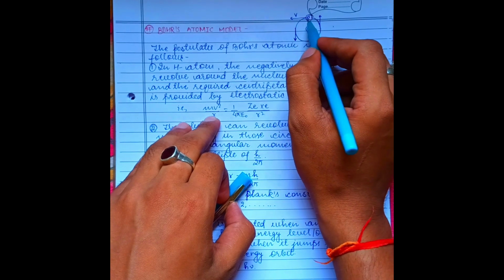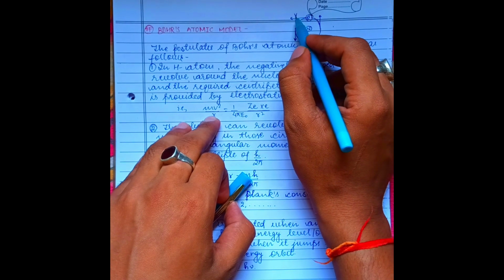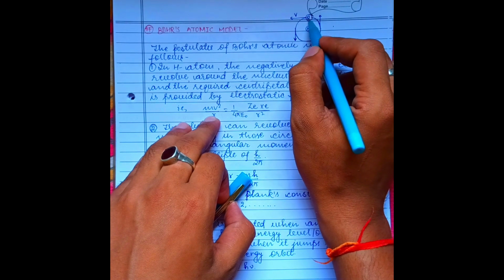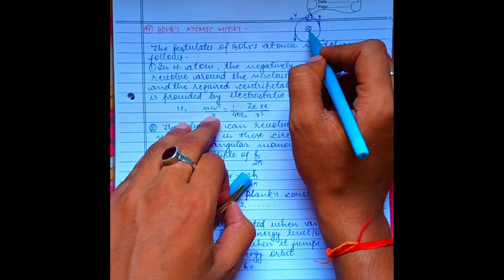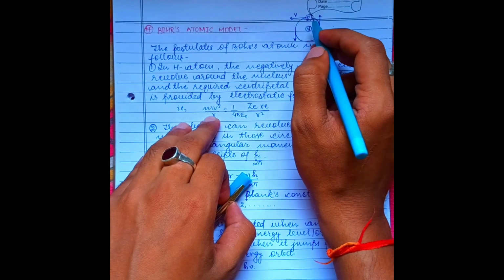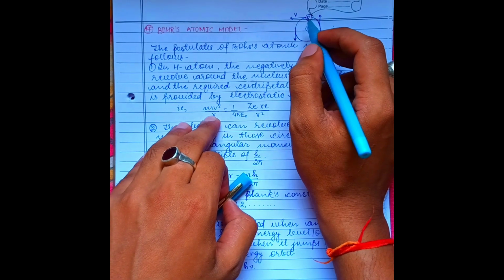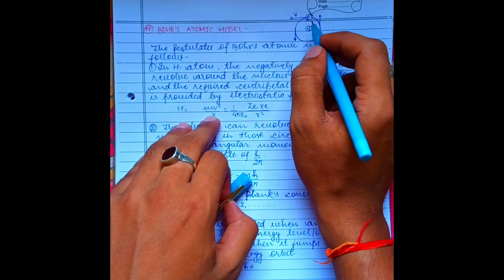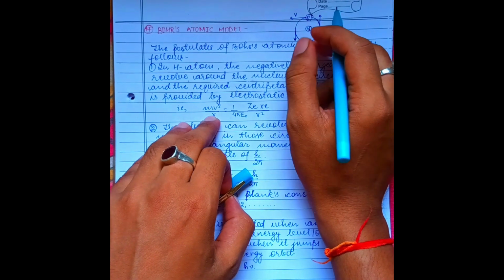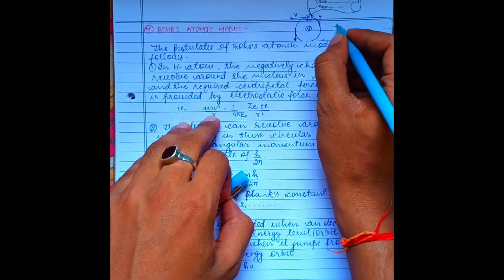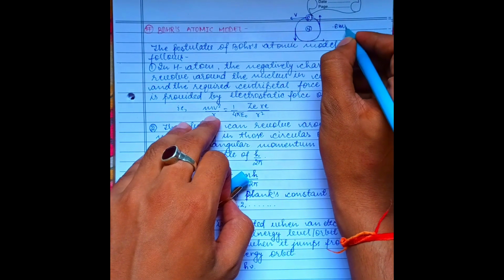Because the electron is revolving with some velocity and has a direction, we can consider that the electron has some acceleration, that is, the electron is accelerating around the nucleus. And we have studied in classical electromagnetic theory that any charged particle which is accelerating will radiate some amount of energy in the form of electromagnetic waves.